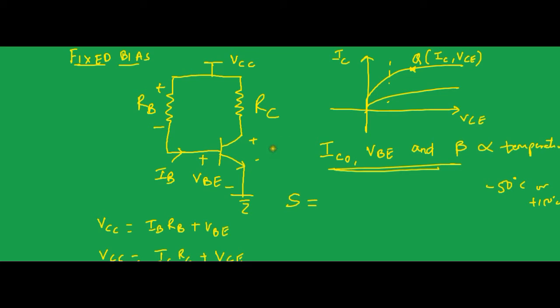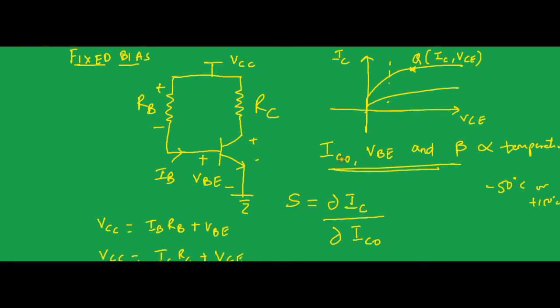So let's calculate the stability factor, that is how much our collector current varies, denoted by delta IC, with respect to change in ICO. This ICO is called the reverse saturation current. You can watch my previous video about reverse saturation current. I have given a detailed explanation about this.